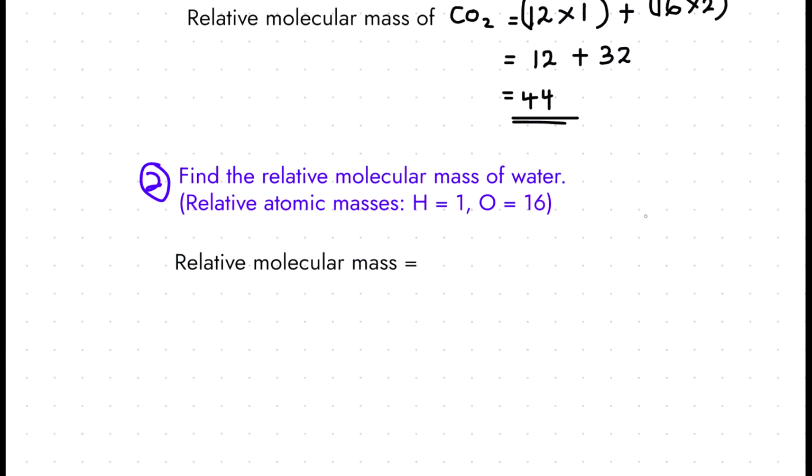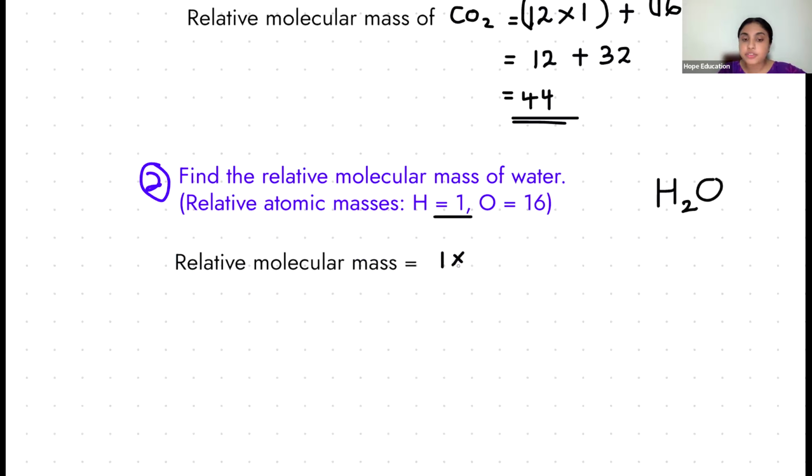H2O. Yes, H2O. So we know the relative atomic mass of hydrogen is 1. Now how many hydrogens are there in this molecule? Yes, 2 hydrogens are there.